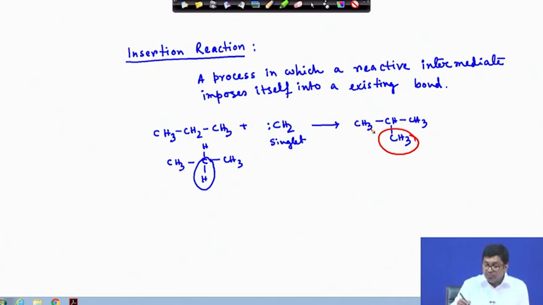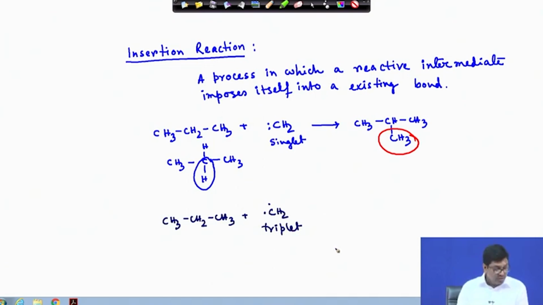Now, if we take a similar substrate with triplet carbene, again this is a stepwise process.